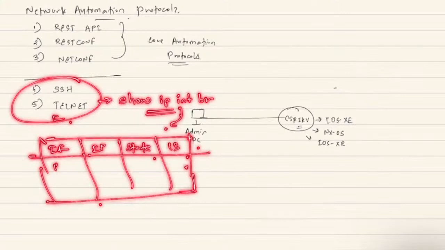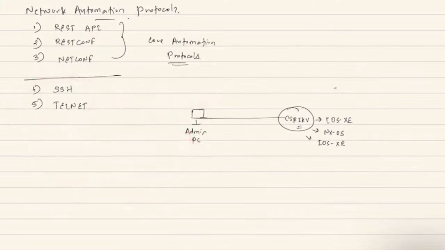The interface, let's say, is Gig 0/0, the IP address is 1.1, state is up, layer 3 is up. The interface is Gig 0/1, the IP address is not configured, state is down, layer 3 is also down.